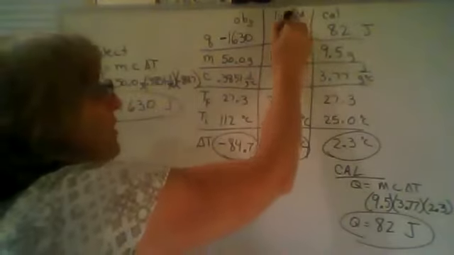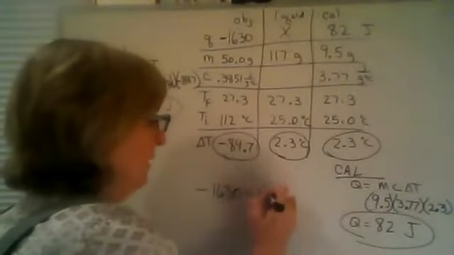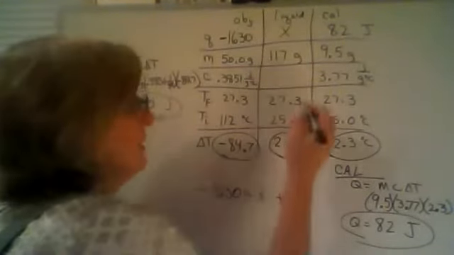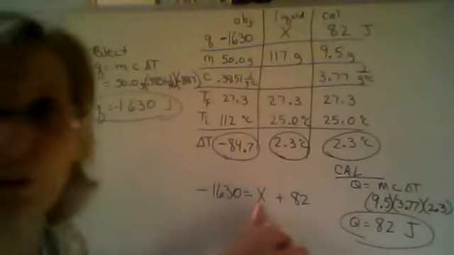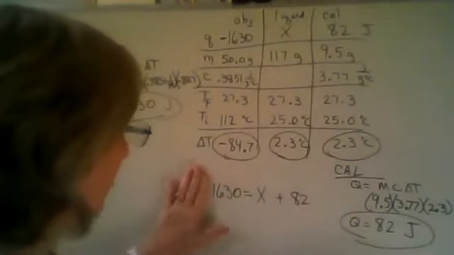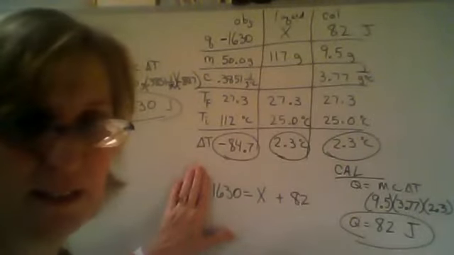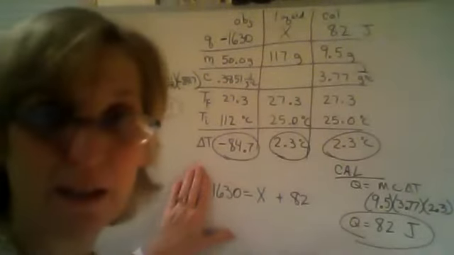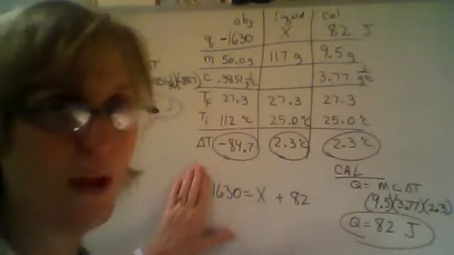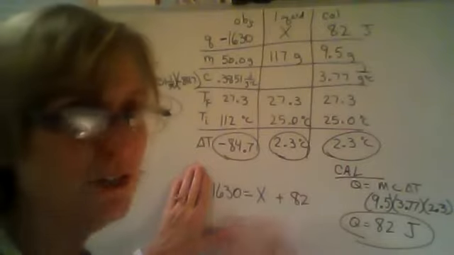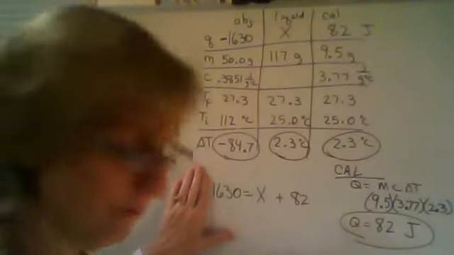So we could call this x plus 82. So what number goes in here? What plus 82 will equal 1630? Forget the negative sign, okay? They're equal in value. The sign just tells you the direction of the heat flow.